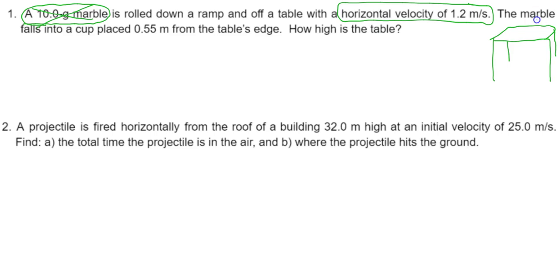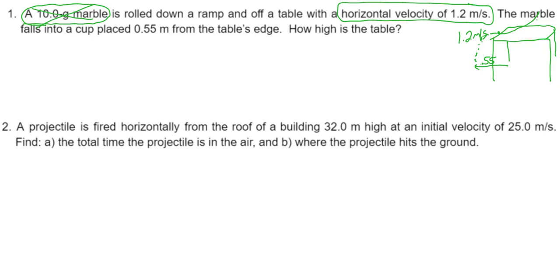The marble rolls down a ramp, and then off of a table and lands 0.55 meters away from the table and has a horizontal velocity of 1.2 meters per second.